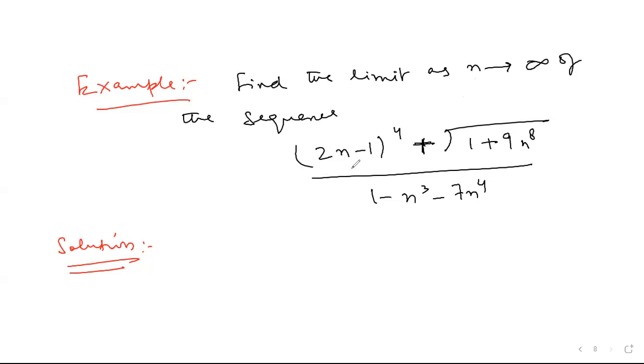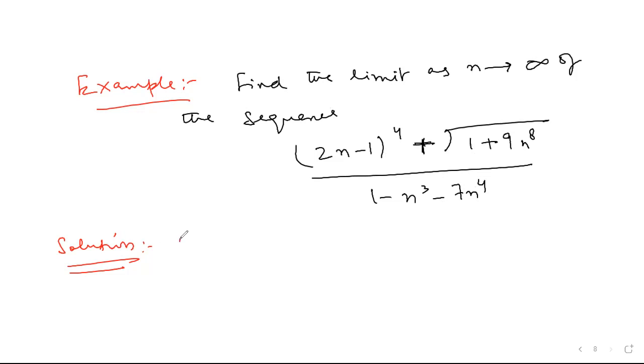So we are given a sequence written in general form, (2n minus 1) raised to 4 plus square root of 1 plus 9 times n raised to 8, whole divided by 1 minus n cube minus 7n raised to 4. So we have to find the limit of this sequence as n tends to infinity.